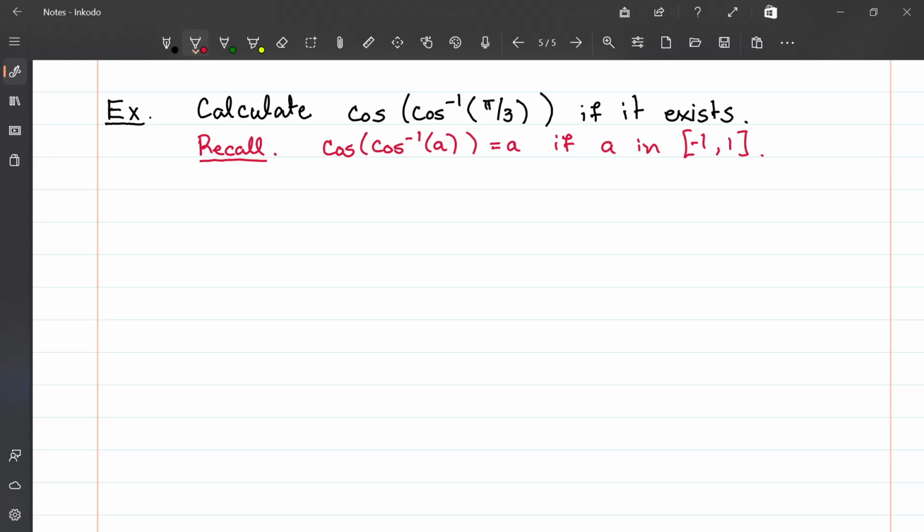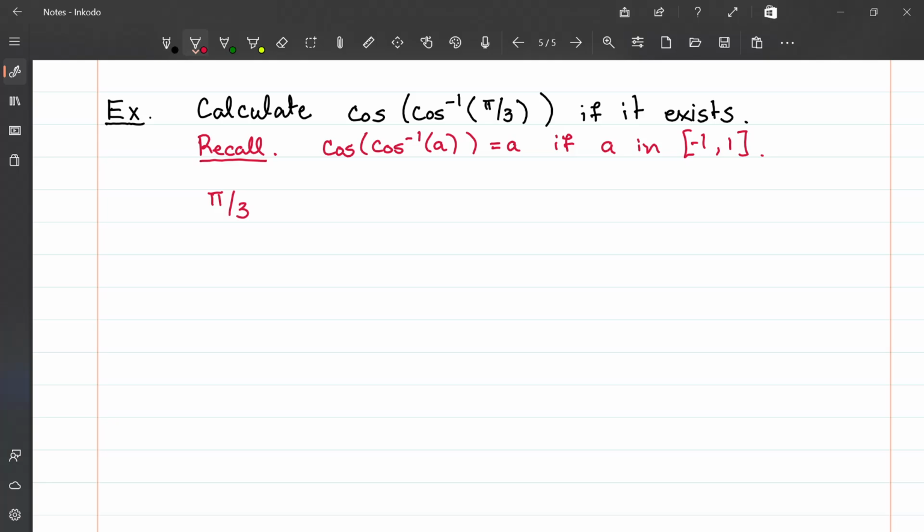Recalling from page 2 that cosine of arc cosine of A is equal to A if A belongs to negative 1 to 1, we now really have to ask ourselves a question. We know that pi over 3 is a real number, but is it in this interval? Well, a quick estimate will show us it is not. It's an easy one, too.